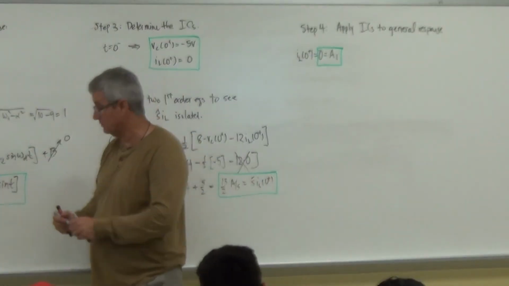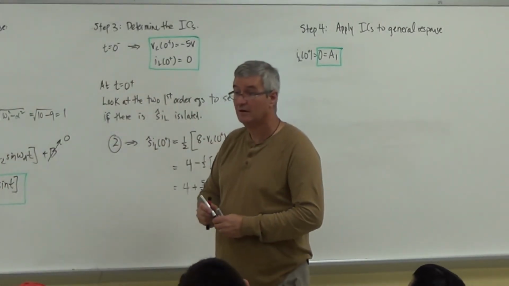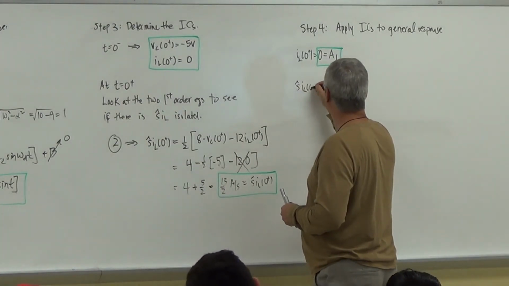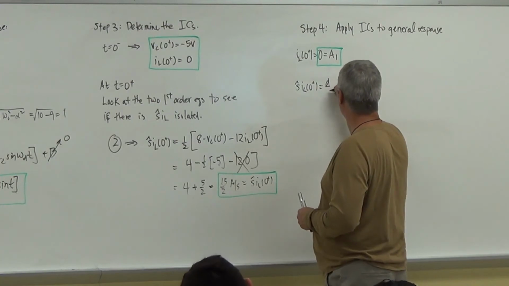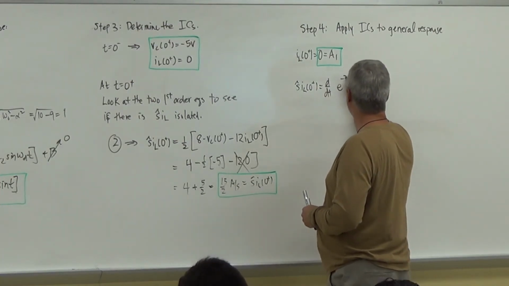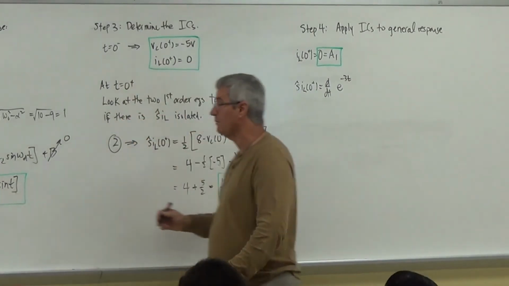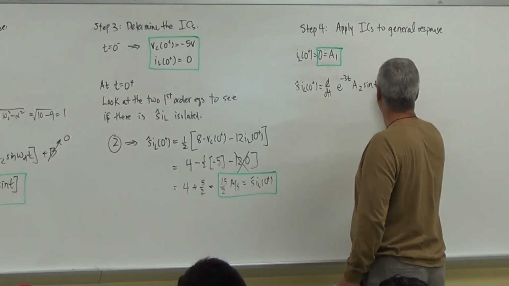So what am I going to do? I'm going to cross this guy out. I don't want to carry it around with me. So now, if I look at the s hat IL 0 plus, that means I take the derivative of this guy. So it's e to the minus 3t, and then I get A2 sine of omega t.